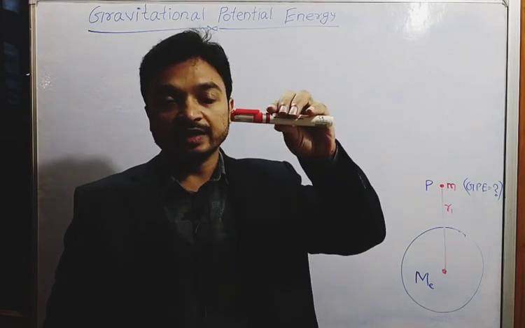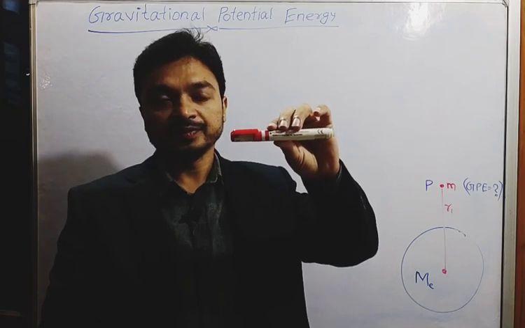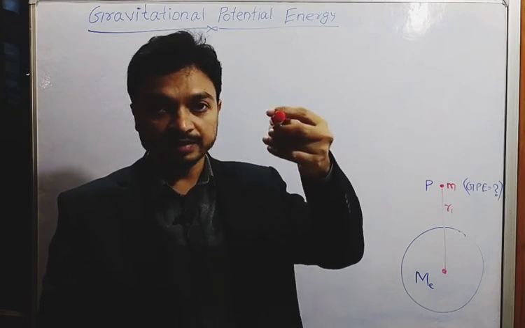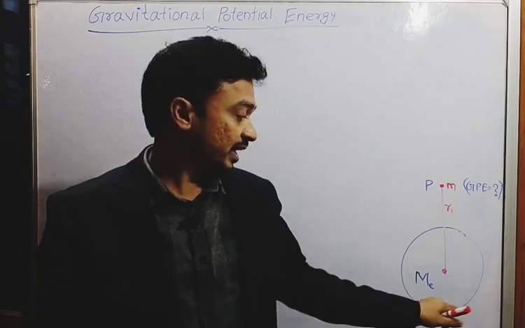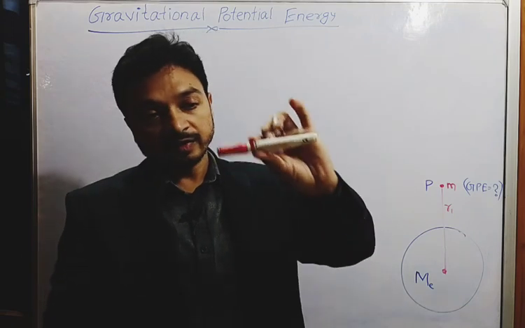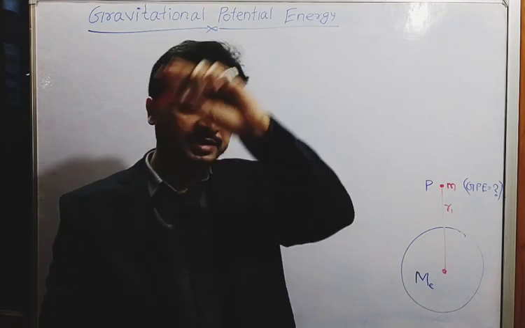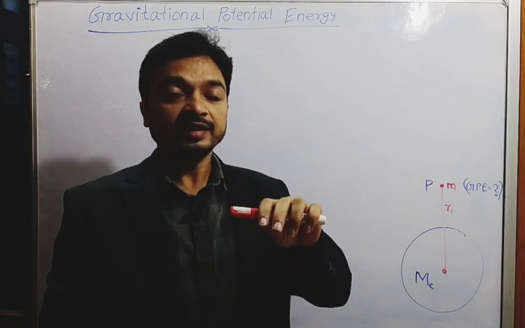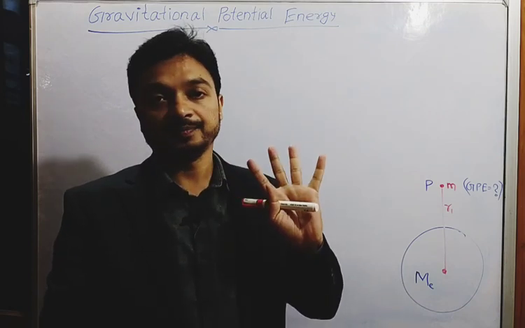So this object has some gravitational potential energy. This object has a mass small m, Earth has a mass capital M or Me. That's why this object has some gravitational potential energy, because it is placed in a gravitational field of Earth.